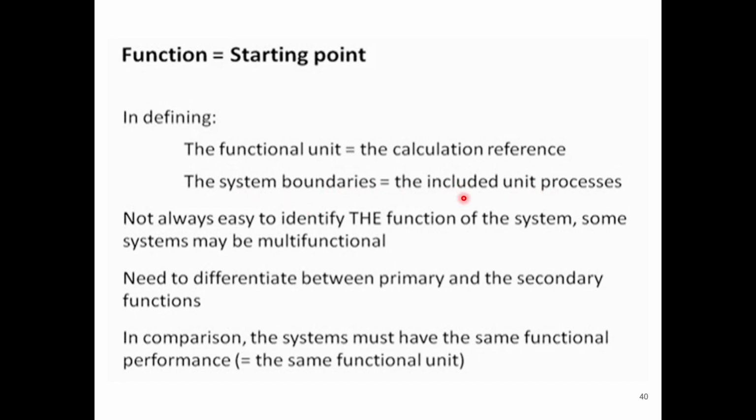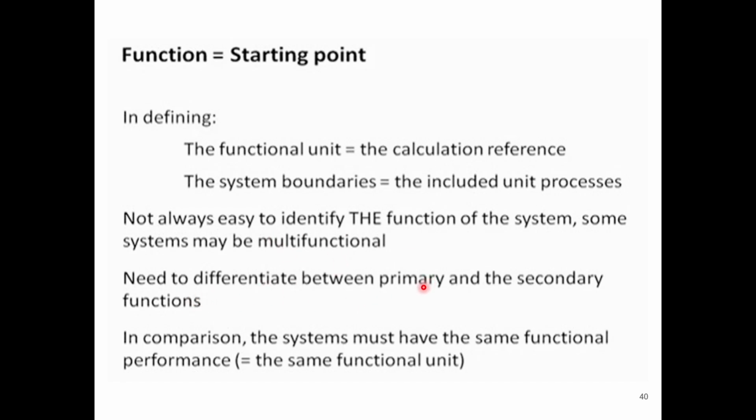It is not always easy to identify the function of the system. Some systems may be multifunctional. So that is the main issue. Choices are unavoidable, so you have to select the correct choice. The quality of the choices matters a lot, because it is not easy to identify the function of the system always, and some systems may be multifunctional.